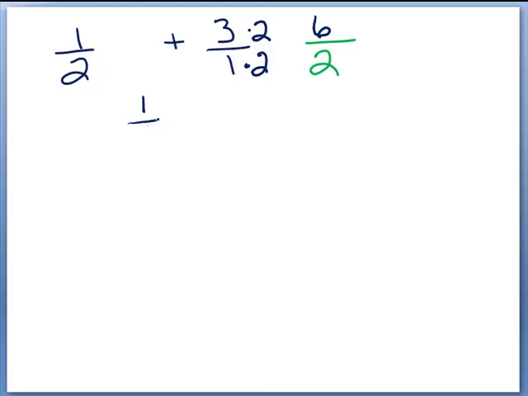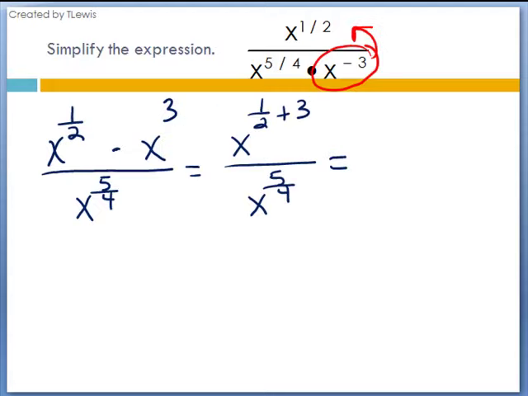So now we have 1/2 plus 6 halves. Add those together, and the numerator is 7 halves. So we have x to the 7/2 power all over x to the 5/4 power.